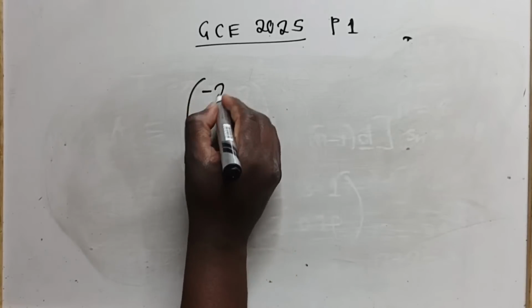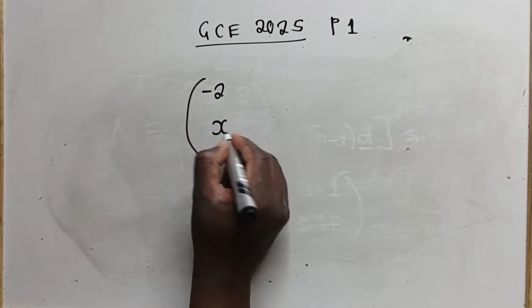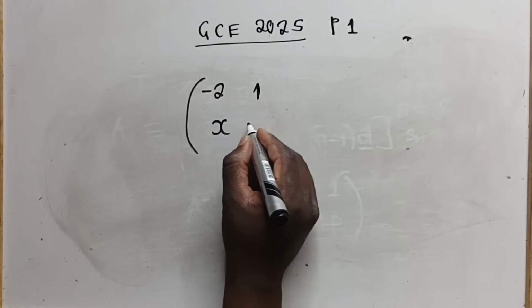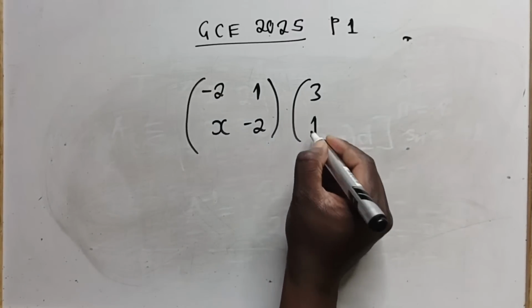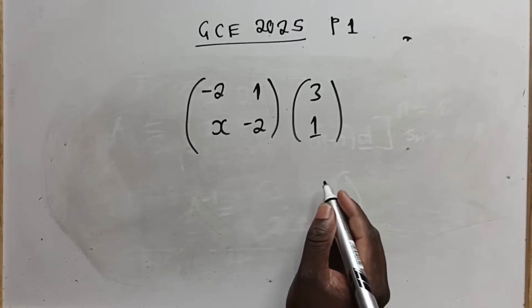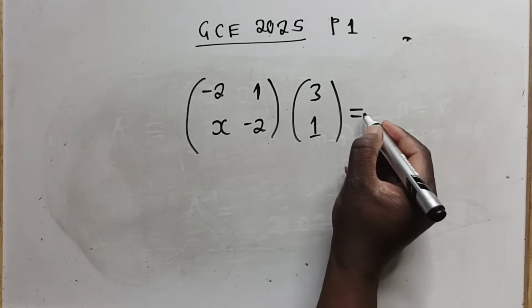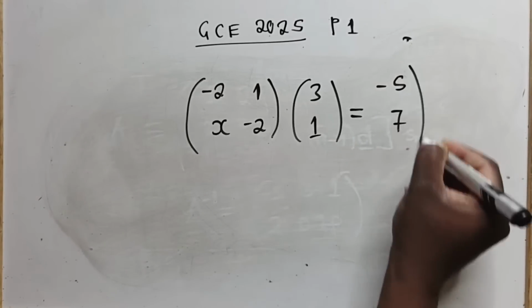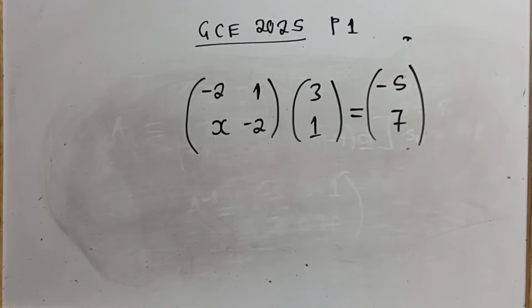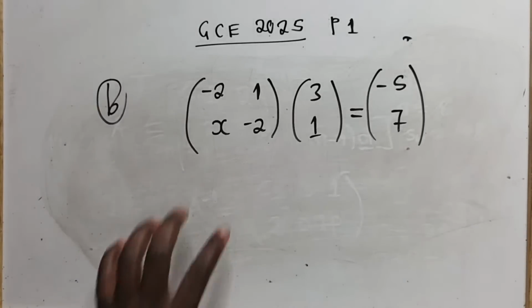So this is negative 2, x, 1, negative 2. Here it's a 3, 1. Actually, this is question B. Is equal to, okay, negative 5, 7. So this is how question B was. And they say solve for x. They gave us this pattern.